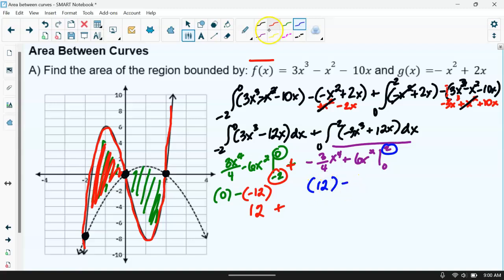Then minus, substitute 0. Well, that's just 0. So the area of this section is 12. Now we combine our two areas together, which gives us an area of 24. So notice it's all the same, it's just that we have to be careful about what those boundaries are, because of when our f of x has become not just the top, but then now below.